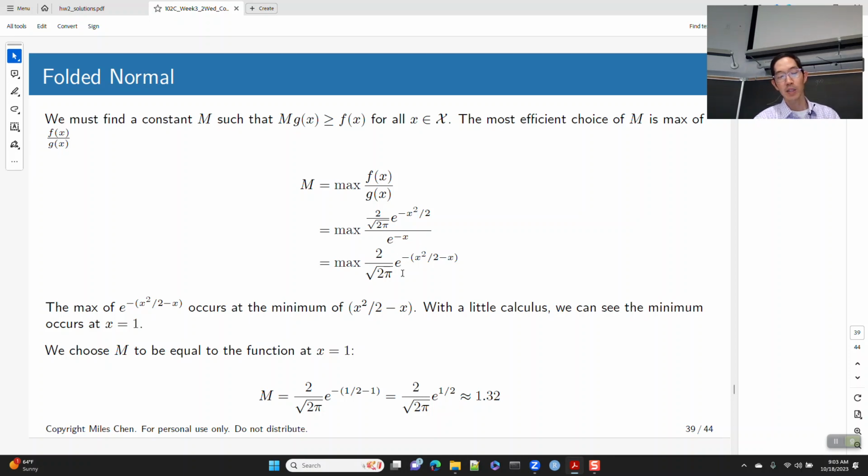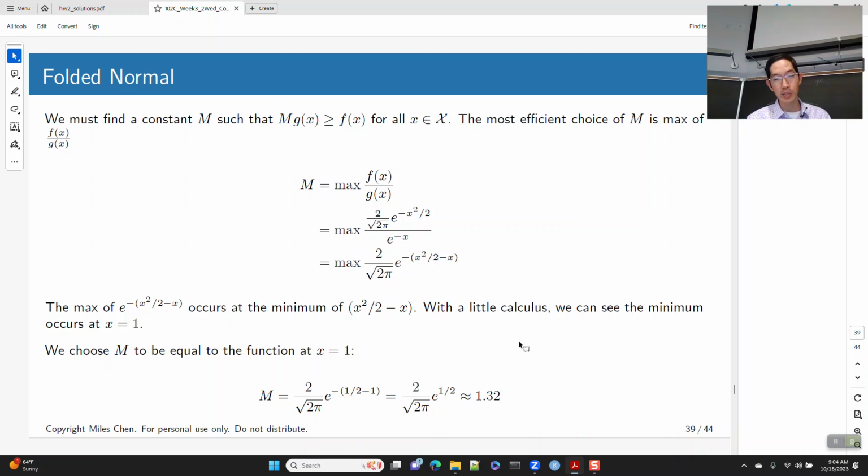Using a little bit of thinking, we can find the maximum without having to take the derivative directly. We've got e to the negative of this, so the maximum of this quantity is going to happen at the minimum of x squared over 2 minus x. That happens when x equals 1, and if I plug that in, we get e to the 1/2 times 2 over root 2 pi, which is around 1.32.